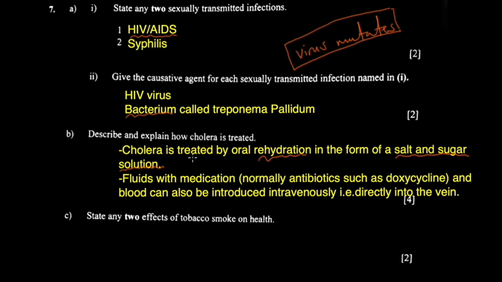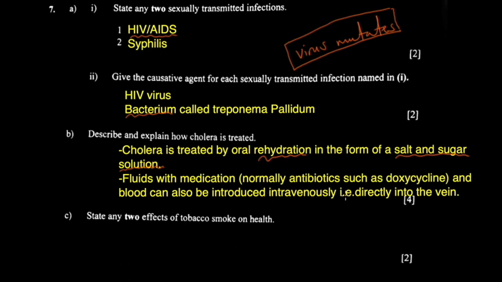So this was the first point, and the second point is that you can also give fluids with medication. It's called IV, and we put you on IV, especially in cases where it's severe. We put fluids and medication, maybe antibiotics, and you can also have blood donated to you, which can be introduced intravenously.